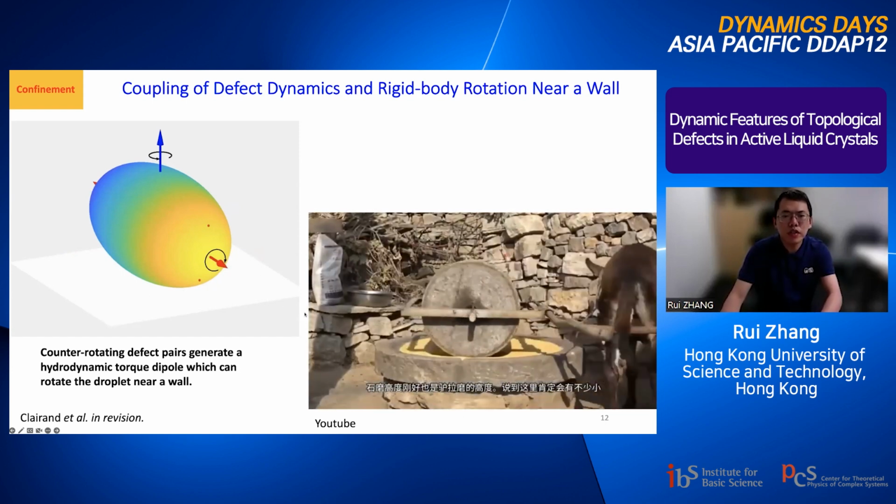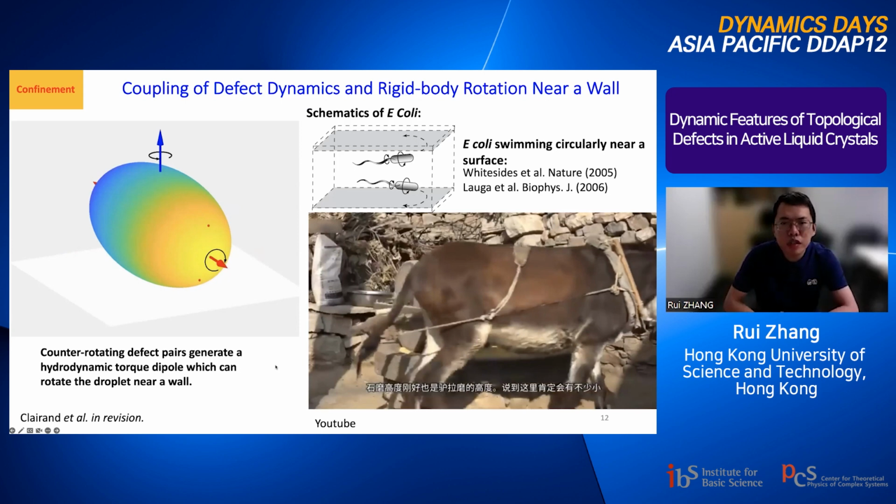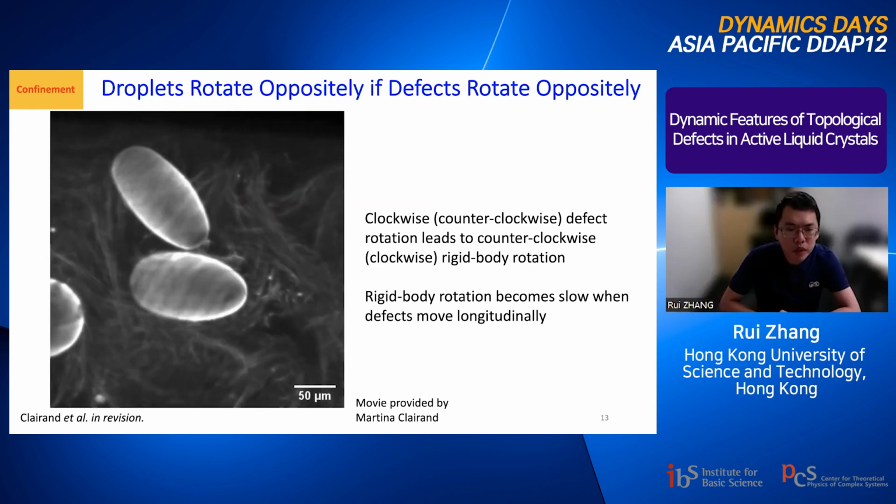Okay, so this actually has already been discussed in other systems, especially bacterial ones. So when the bacteria are very close to a substrate, they also exhibit circular motion. And indeed we have evidence from the experiment.